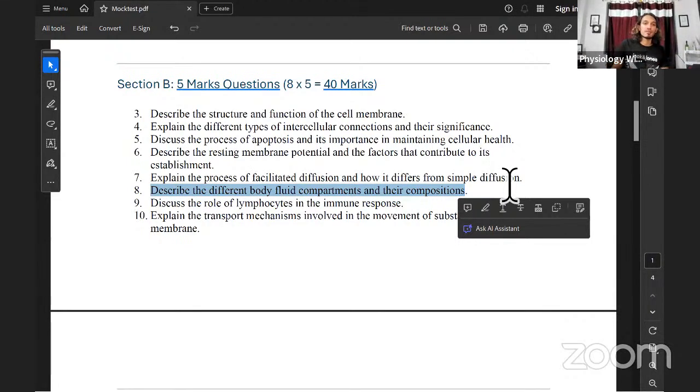What are the components of the matrix? You can talk about how type 1 collagen is present, proteoglycans are present, and elastic fibers are present. That is what is there in between these.